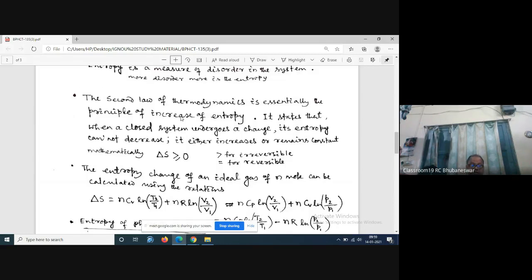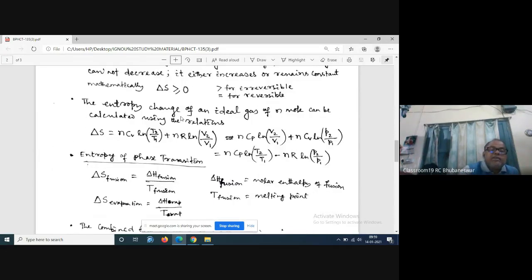Okay. Now the entropy change of an ideal gas of n moles is calculated. We write the expression of the change in entropy for an ideal gas of n moles. Delta S is written in different forms, with temperature and volume, temperature and pressure, or volume and pressure.